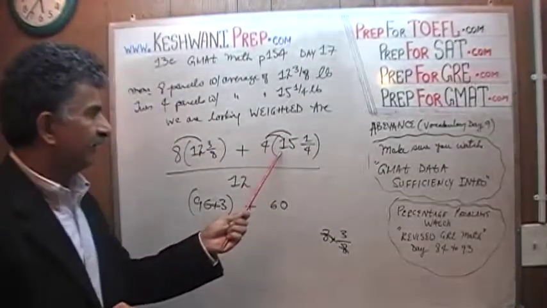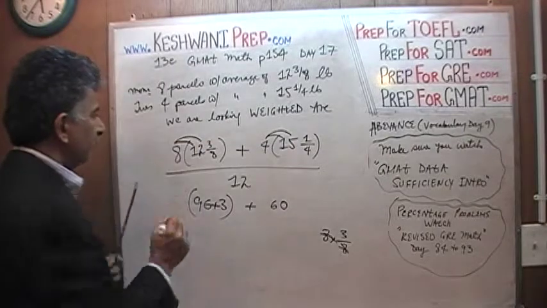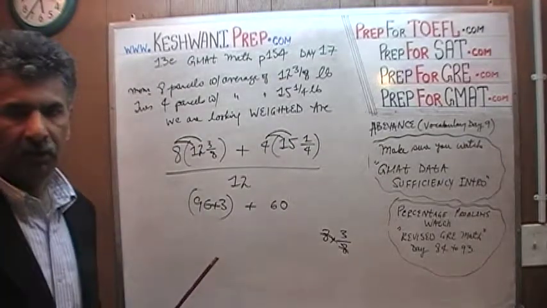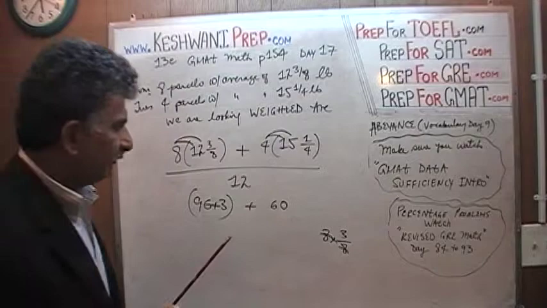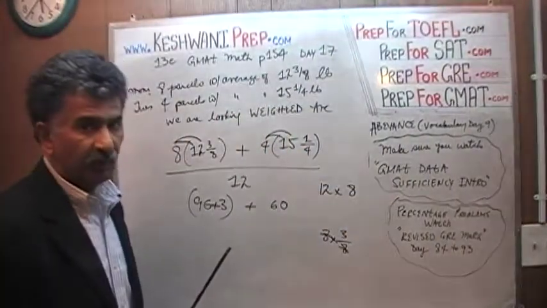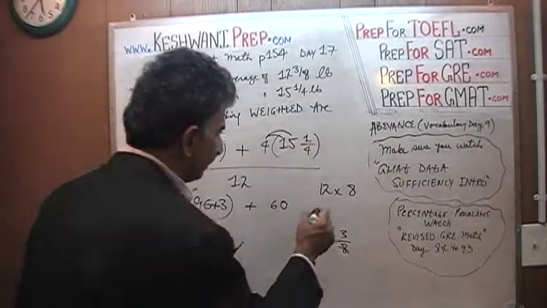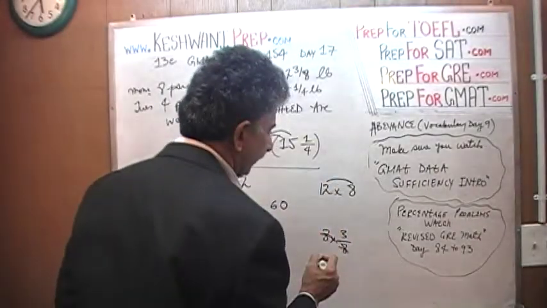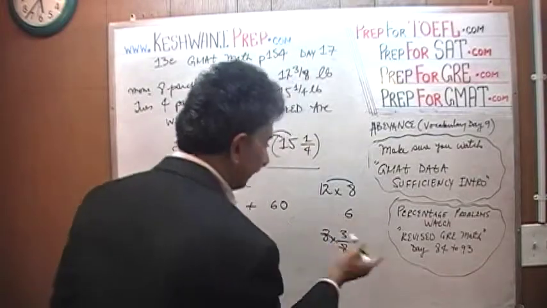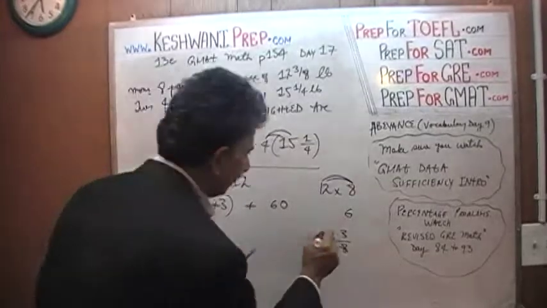Of course, this one was very easy because 15 4s are 60. It's very simple. This wasn't that simple. If somebody asks you how much is 12 times 8, just because the person is asking does not mean that you have to do 12 times 8. You do it step by step. 8 2s are 16, 6, carry 1, and 8 1s are 8, 8 plus 1 is 9. Voila.